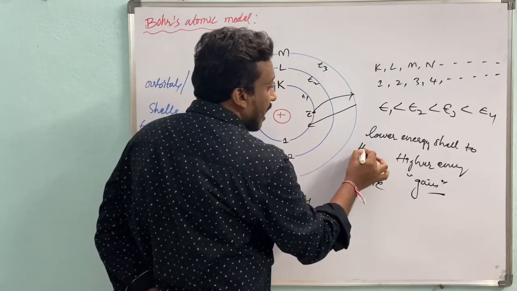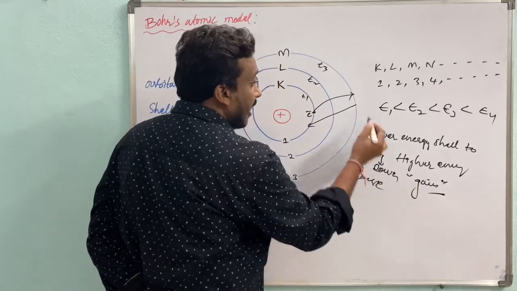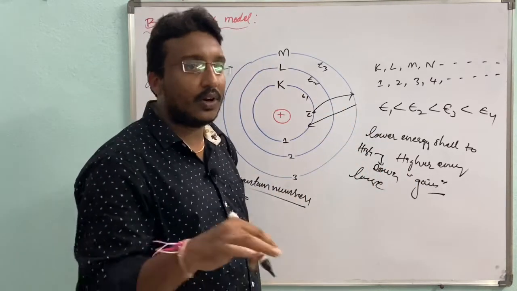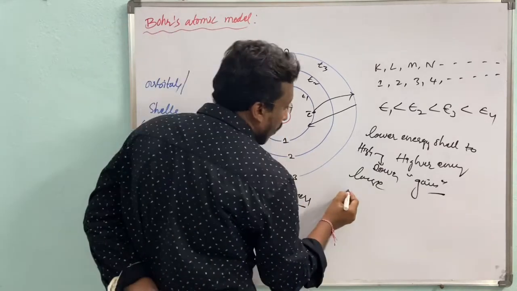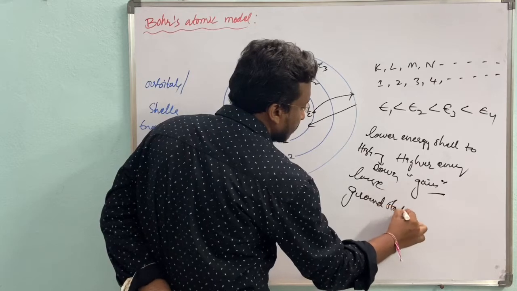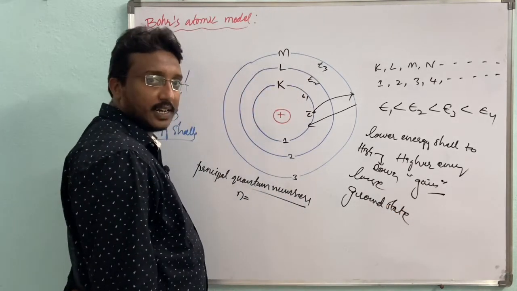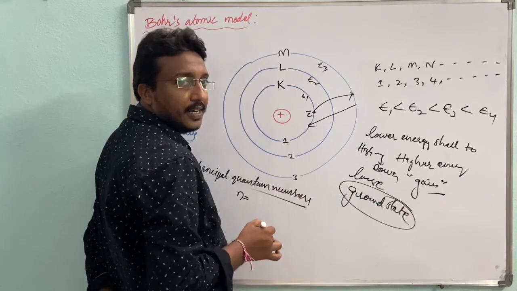Then the lower energy level is called the ground state.